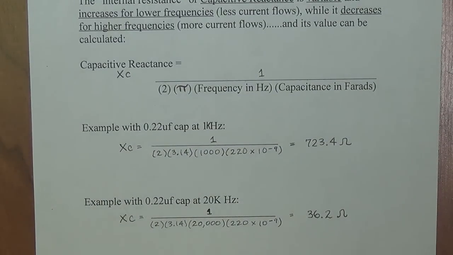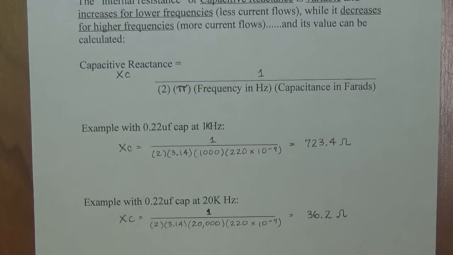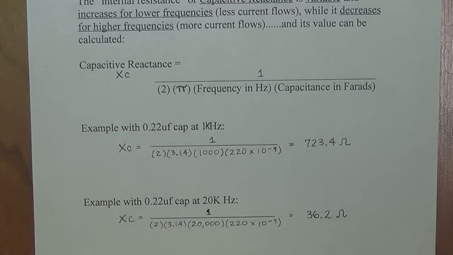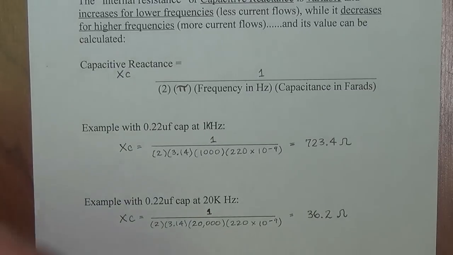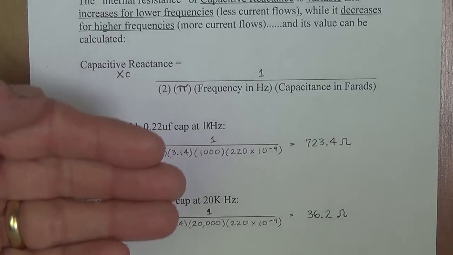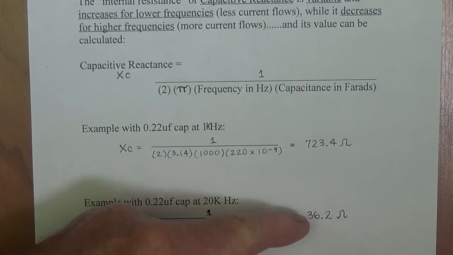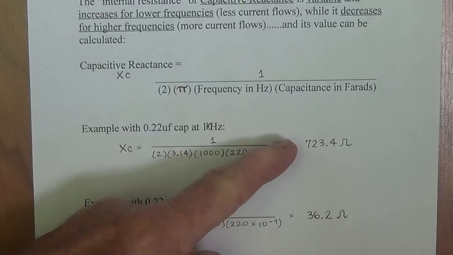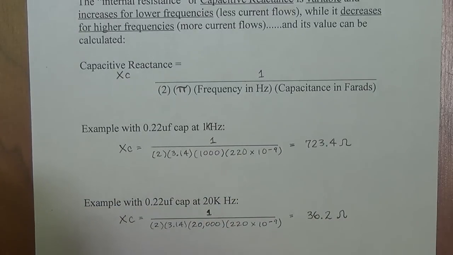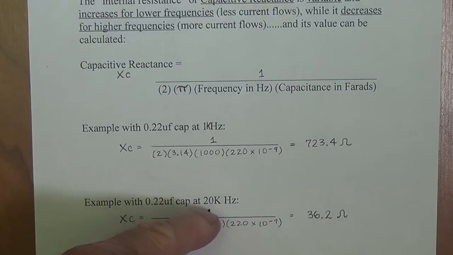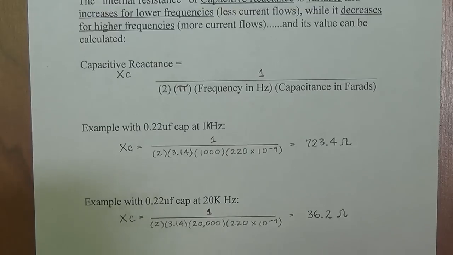To extend the potentiometer analogy to this, this is like we have in our tone circuit a potentiometer, which ranges from 36 ohms at the minimum up to 723 ohms at the maximum. When a 20K signal arrives, we turn the volume way up.